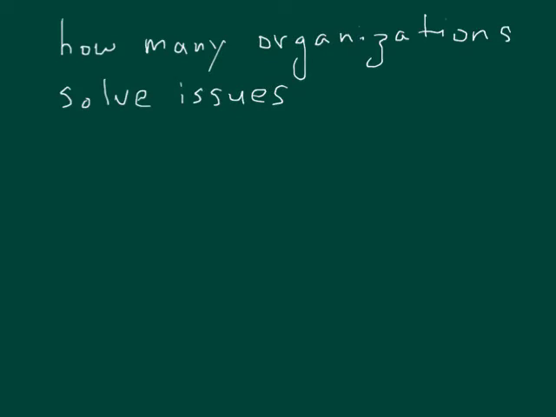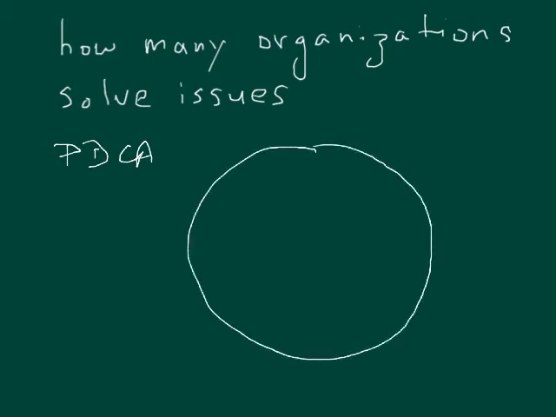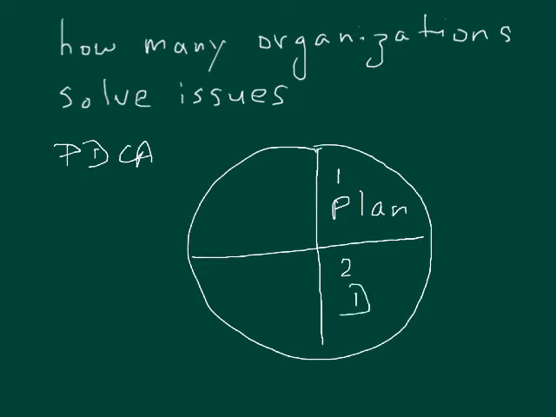So this cycle has 4 things in this PDCA. Number 1 is plan, 2 is do, 3 is check, and number 4 is act.